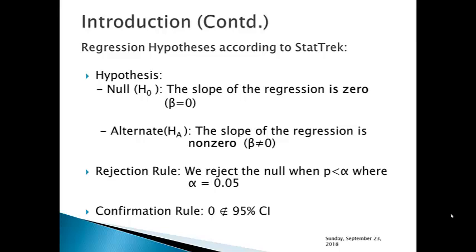The rejection rule is that we reject the null when the p-value is less than alpha, where alpha is equal to 0.05. In the confirmation rule, we say that 0 is not within the 95% confidence interval.